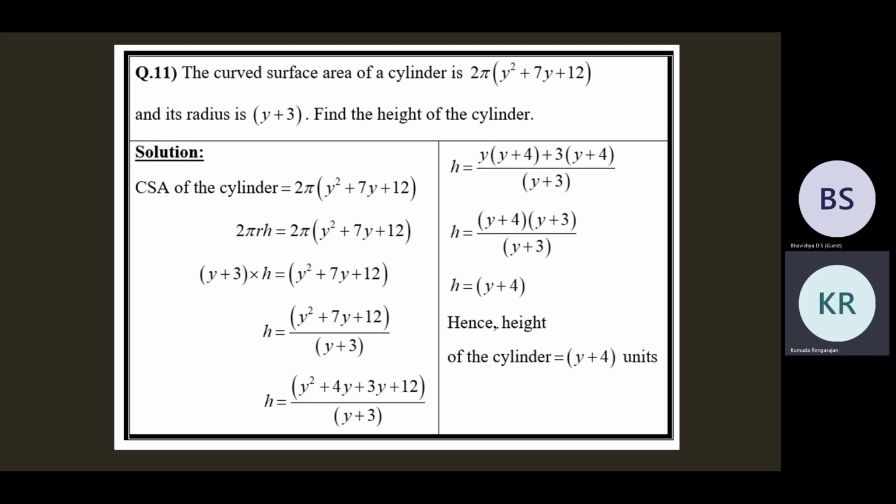Please ask me if you have any doubts, Bhavishya. No doubts, ma'am. So you get how much? 1 out of?